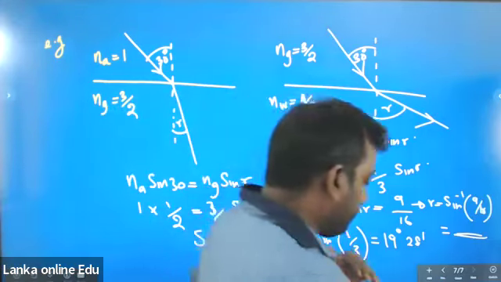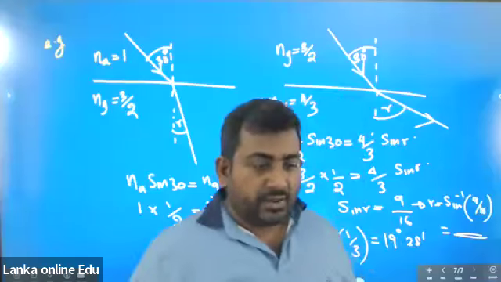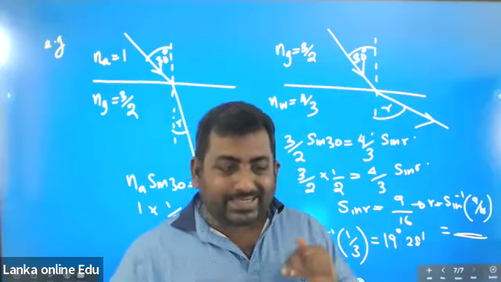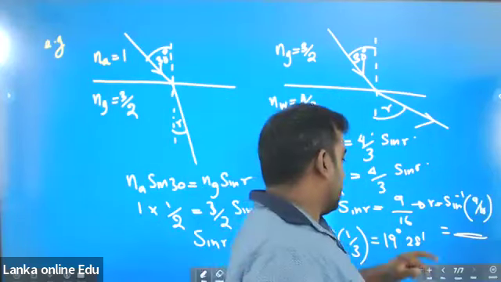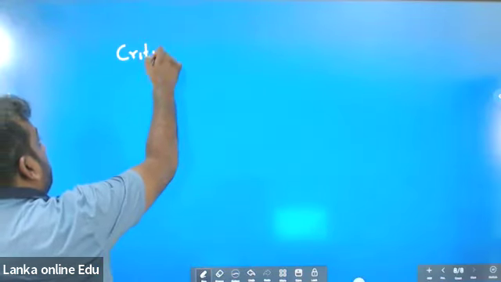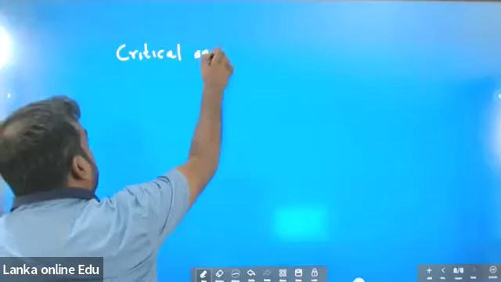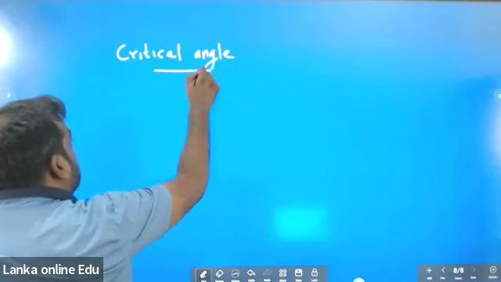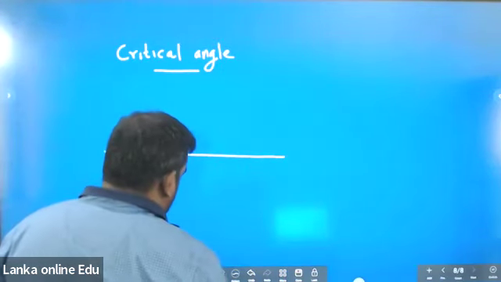Right. Now, so refraction of light, we can use this. Next comes the critical angle concept. What do you mean by this?